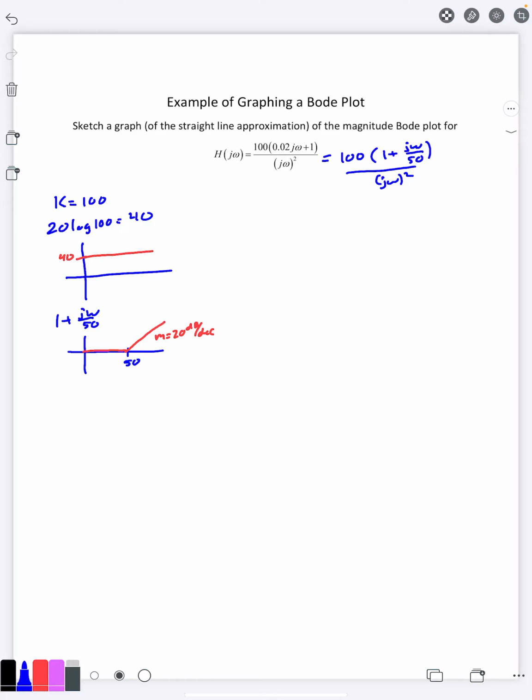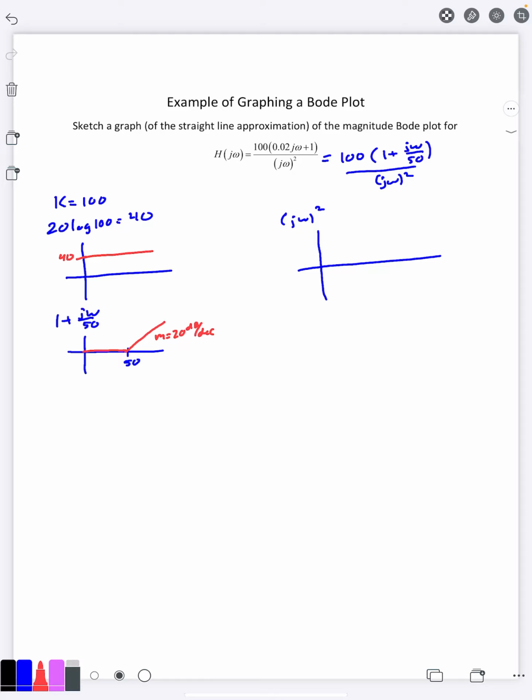The last one, though, is we have this j omega squared in the denominator. And if we recall, when you have the term that's not the 1 plus j omega, but just j omega, instead of being flat and then a line of 20 decibel slope, this one's going to be the constant slope the whole way through.